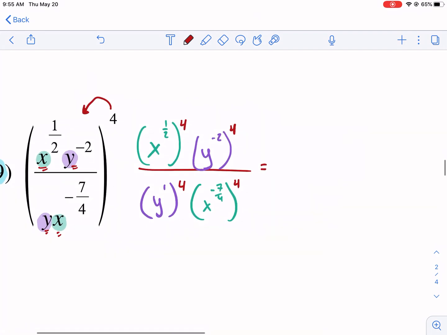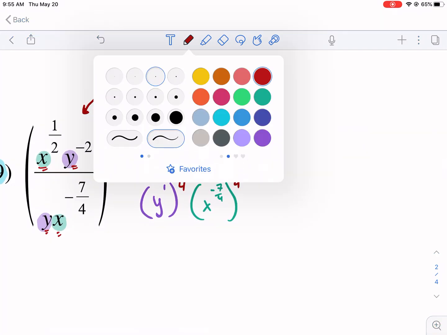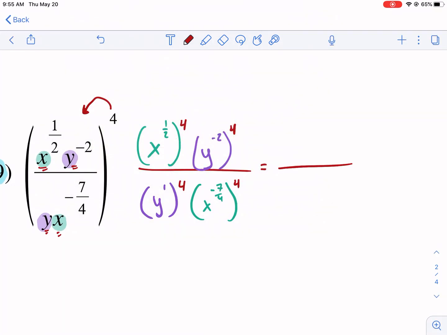Okay, now, what happens here? Well, I multiply the powers, because that's the powers rule. Multiply those powers, multiply those, multiply those, multiply those. And the whole point was I looked ahead and I was like, you know what? It's going to make my life a lot easier if I get rid of these fractions. So I have x, 1/2 times 4 equals 2. Okay, so now I have no more fractions.